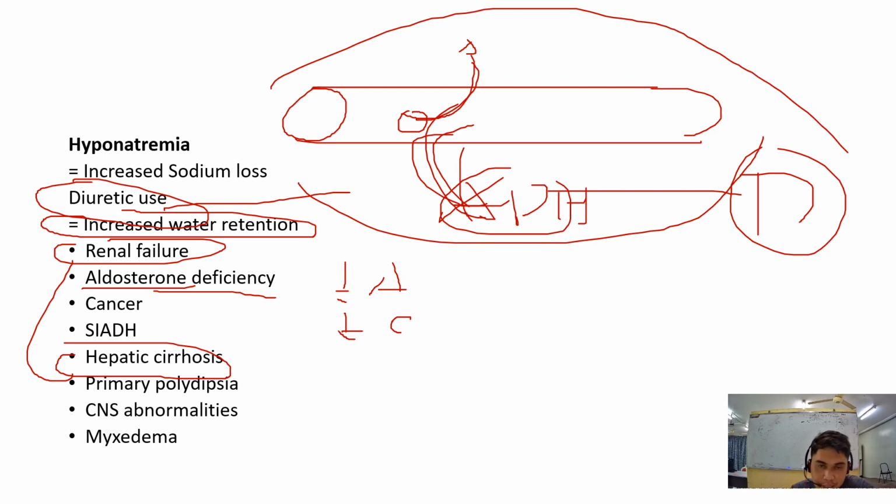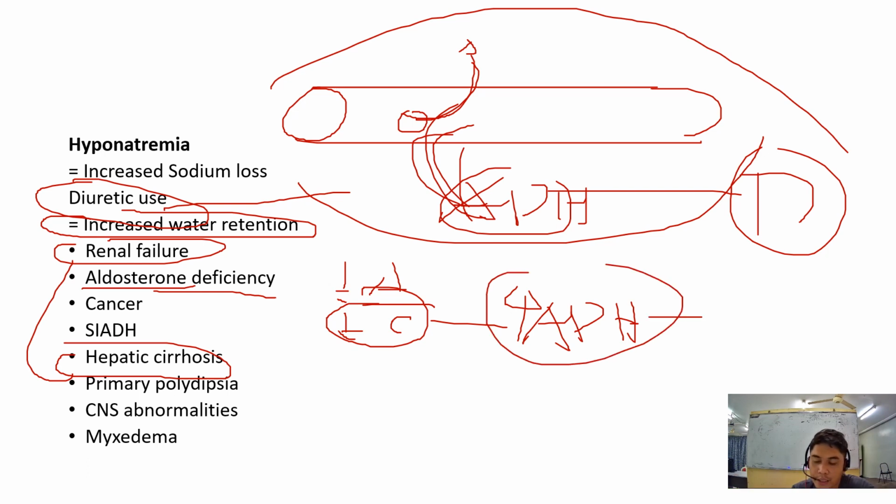And if there's a decrease in cortisol, this will result in increased release of ADH. And remember, ADH is for water reabsorption, meaning the effect of this is increased water retention. So if there's increased water retention, the sodium concentration is diluted.